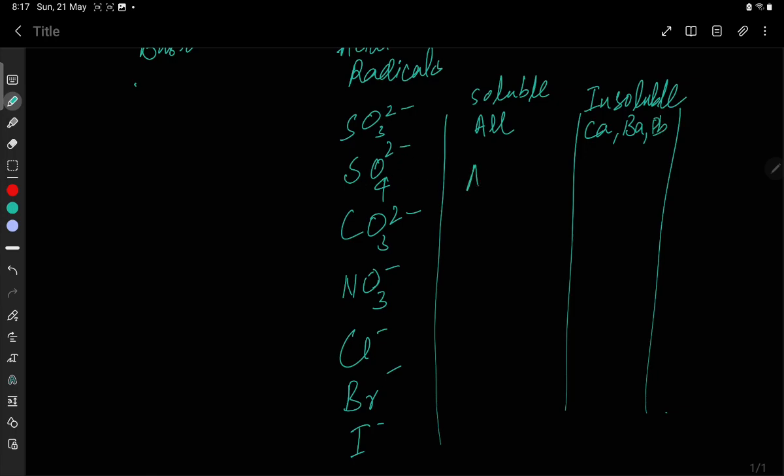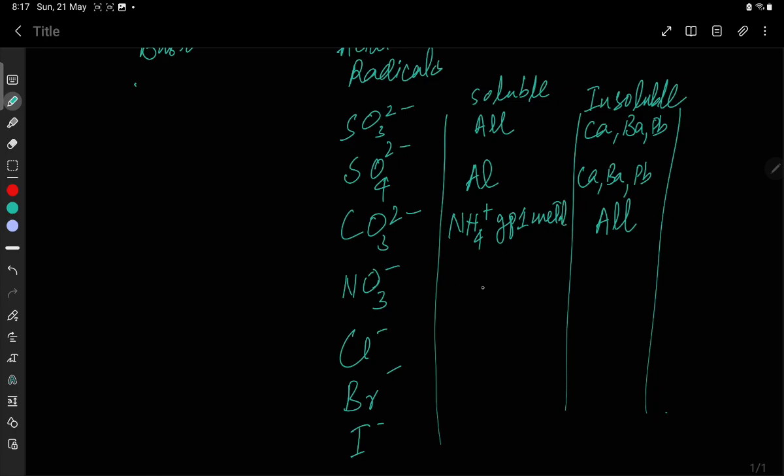Similarly, all sulfates are soluble except calcium, barium and lead. All carbonates are insoluble except ammonium carbonate and group 1 metal carbonates.